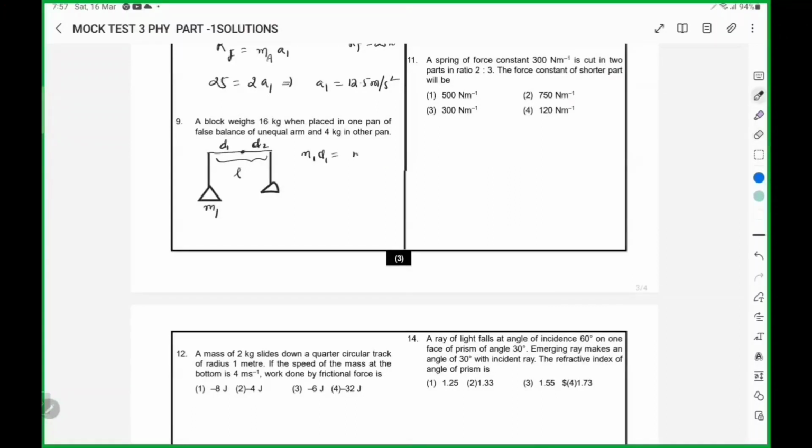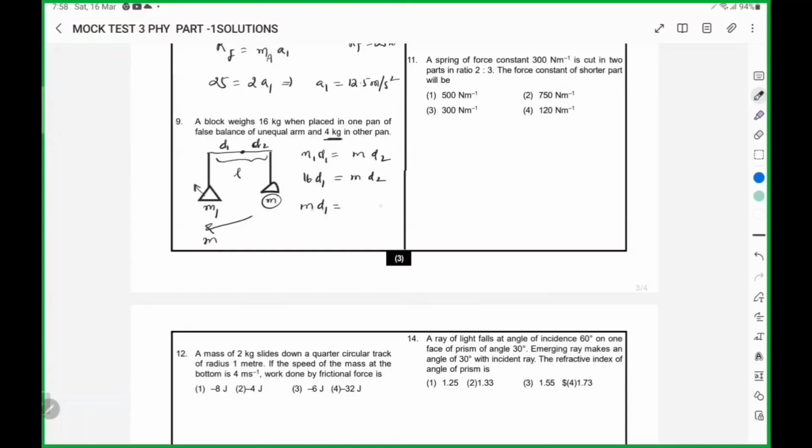Here it is M into D2. He gave 16 D1 when placed in one pan. Then the same mass is placed in the other pan, and it weighs 4 kg.